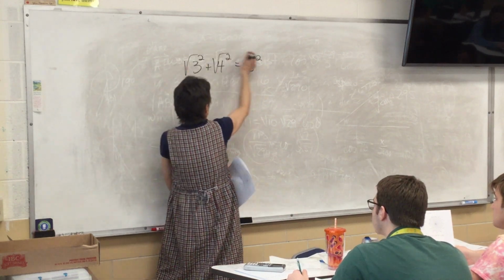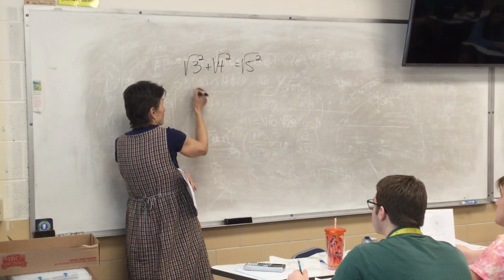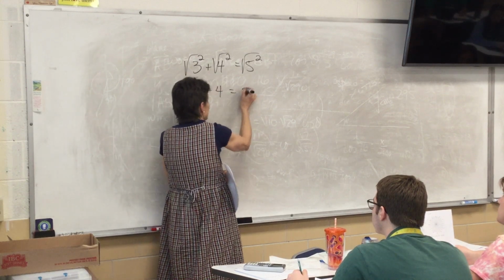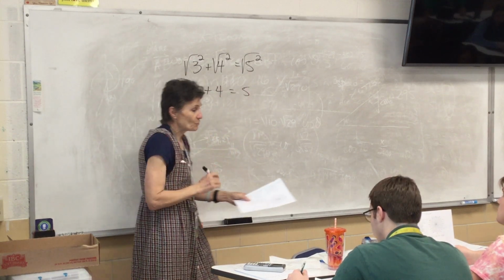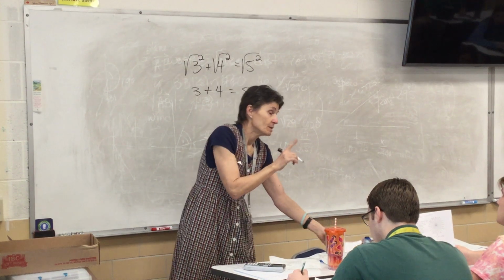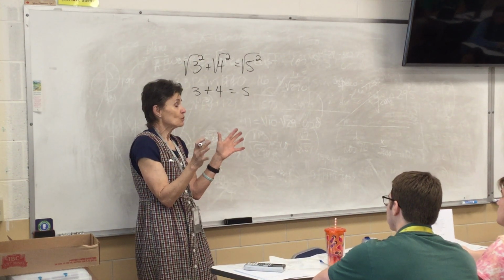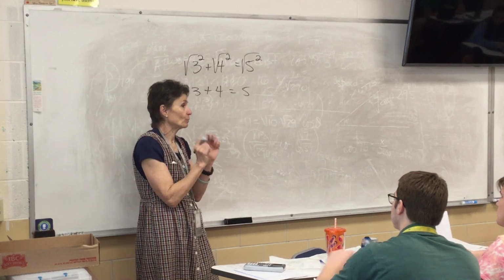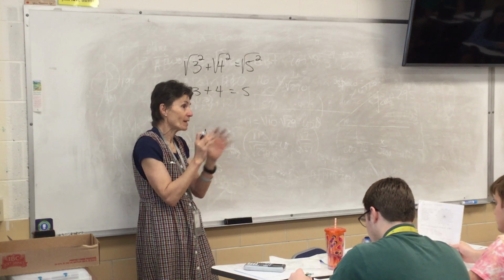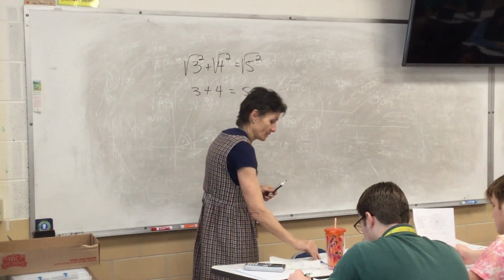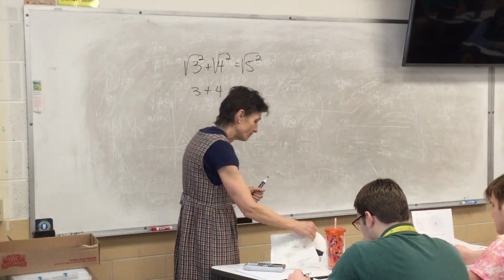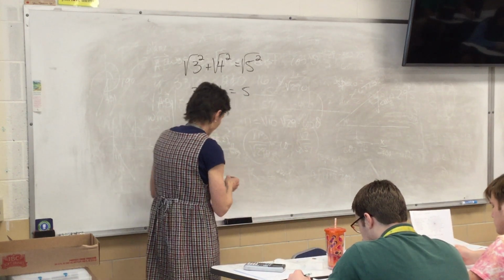If I take the square root of each piece, is that a true statement? You are allowed to square root both sides of an equation. You are not allowed to square root pieces of an equation. You would have to do the whole side. So no, I'm not going to do that.